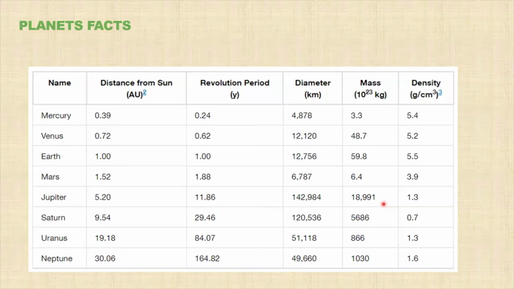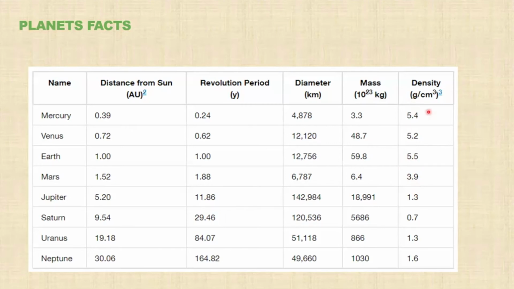Jupiter is the most massive, at 18,991 in units of 10^24 kilograms. As you can see, density is quite low for Saturn, Uranus, and Neptune, because most of the material in the gas giants is hydrogen and helium. Gas has a much smaller density compared to solids, rocks, and dust.